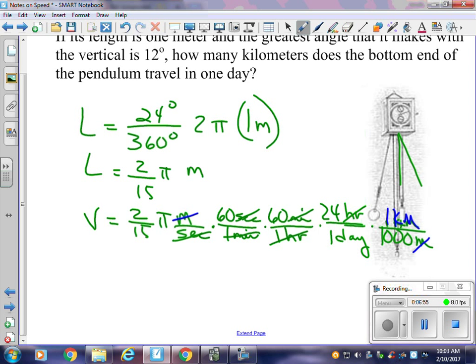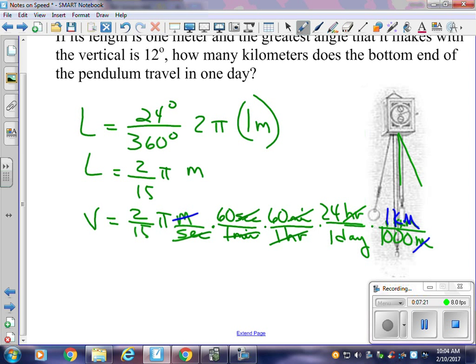So here's what we've got to do. We've got to multiply everything on top and divide by 15 and divide by 1,000, because those are the only two numbers on the bottom. So we're going to say 2 times pi times 60 times 60 times 24. That's everything on top, right? And then divided by 15 and divided by 1,000.